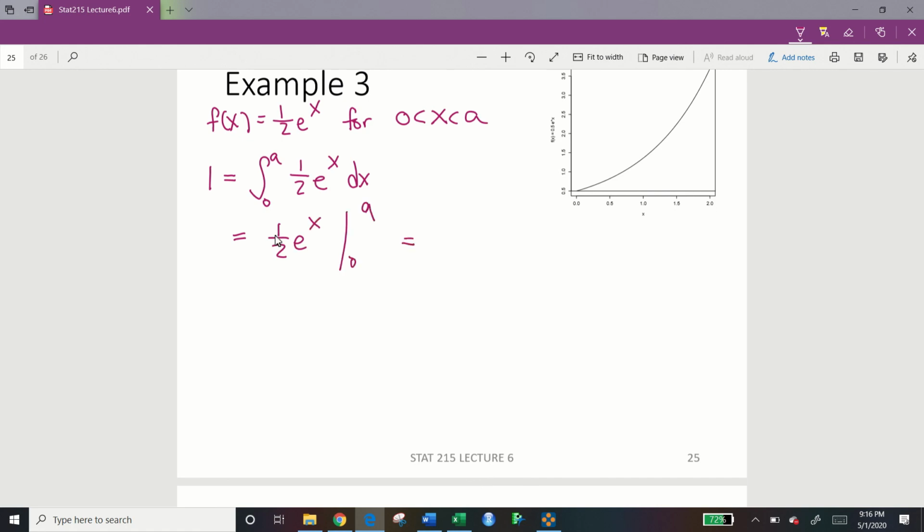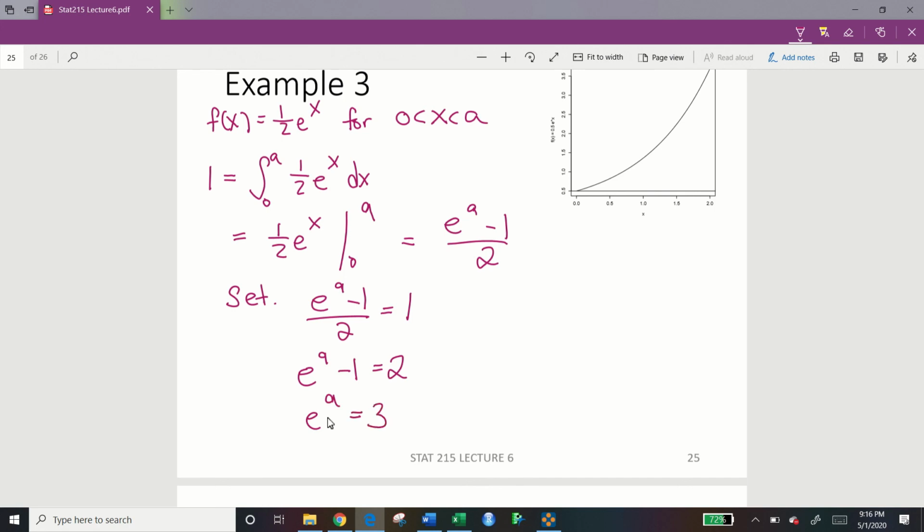That will equal e to the a minus 1 over 2. At this point, we will set e to the a minus 1 over 2 equal to 1, and then we will simply solve for a. So this will give us e to the a minus 1 equals 2. E to the a equals 3.